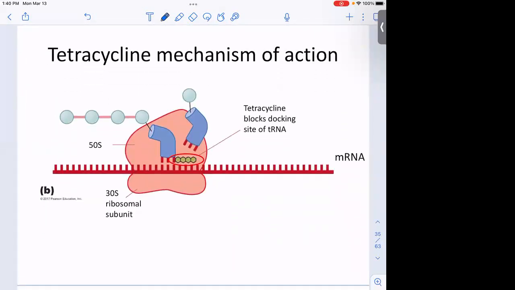So here we've got tetracycline binding right to that A site, that acceptor site, where the new charged transfer RNAs are coming in, bringing in the new amino acid to add onto the growing peptide. So if tetracycline binds right there, basically it halts protein synthesis.